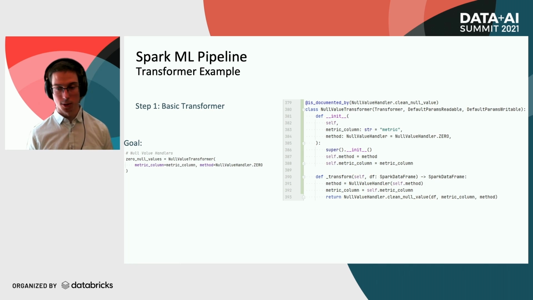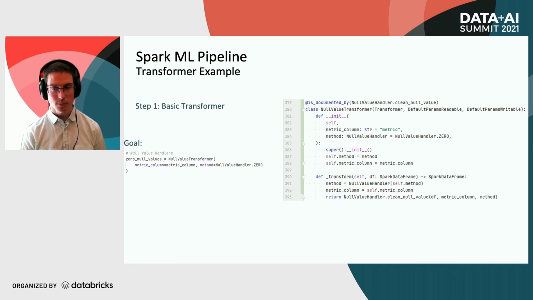And what this does is it takes a Spark data frame in and it gives a Spark data frame out. So we try to capture all of our logic of the transformation inside of a different class. We found that just works better for our workflows. So all this is doing is it's taking in the data frame, it's looking at the parameters that it was given, it's processing that data frame and giving that back to the pipeline so that something else can take it. And this is awesome. This is your hello world for a Spark ML pipeline transformer.